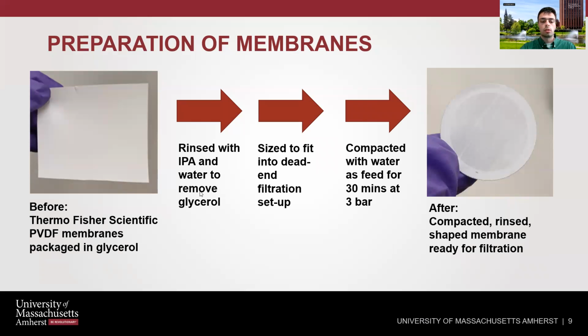This removes the glycerol from the membrane. Next, the membrane is cut to size so it can fit in the compartment. And finally, the membrane undergoes a compaction process with water to finish the preparation. The end result, a compacted, rinsed, shaped membrane ready for filtration.